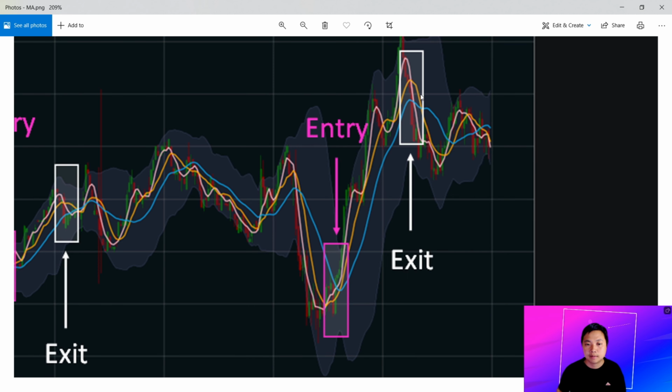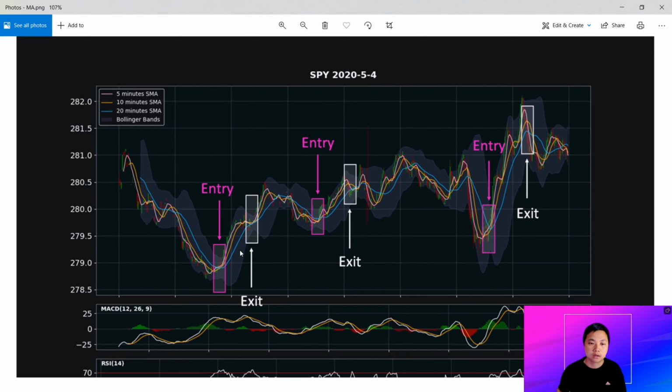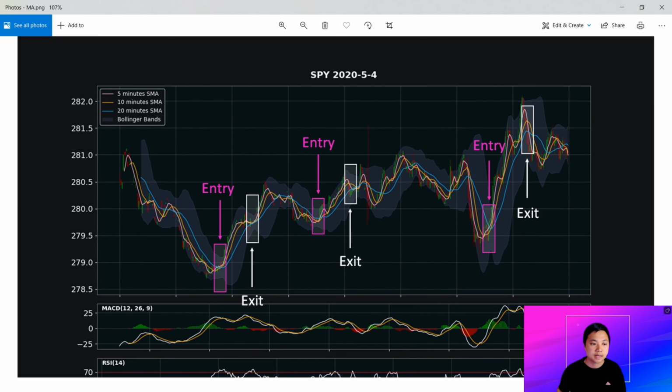And for the exit, that is somewhere over here, because the faster moving average just crossed under these two slower moving average lines. So this is what we are going to build in this example.